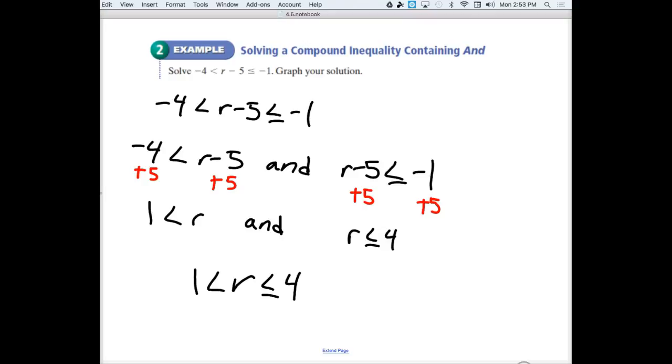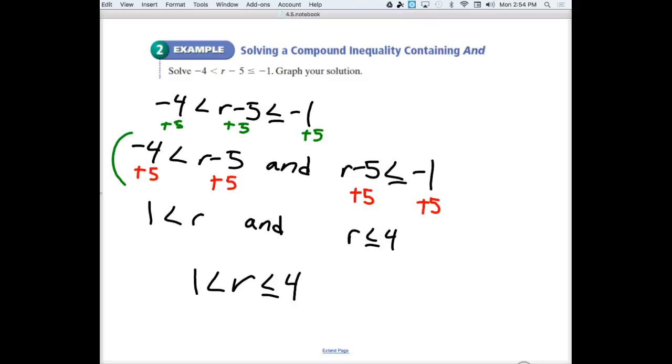The other way to solve these, you can see how in this step right here, I solved them both individually, but I also kind of did them both at the same time, because all we did is add 5 in all of them, right? So if we wanted to, we could go back to the beginning and just add 5 to all three parts.